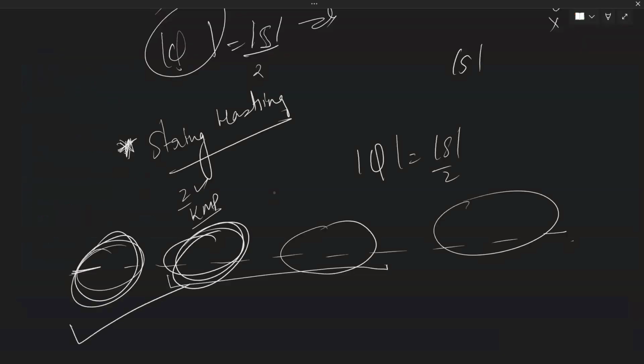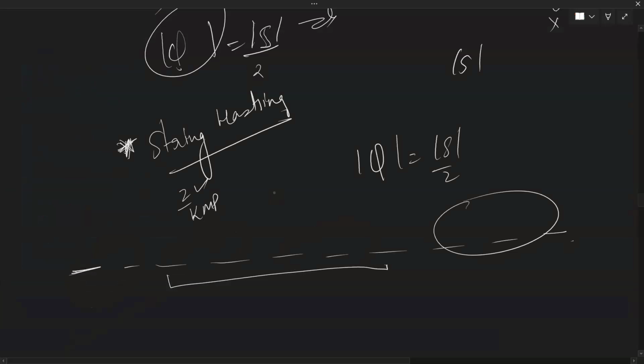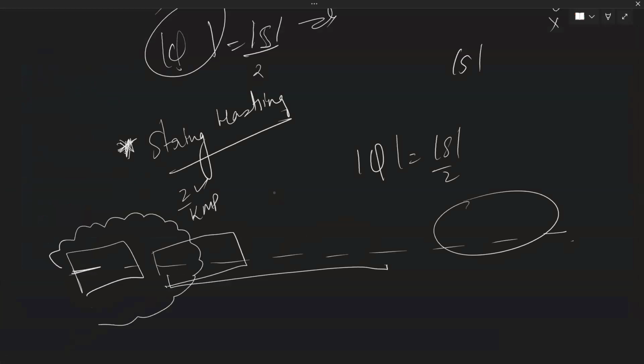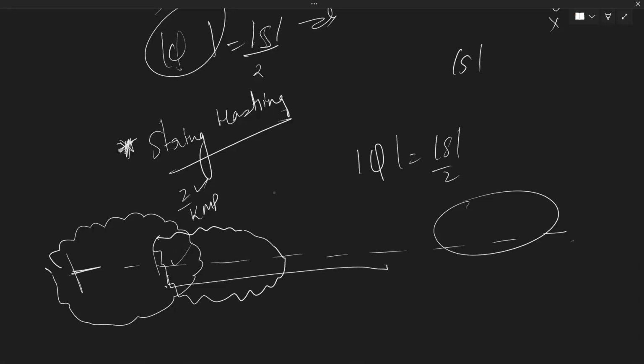But it is also possible that these three, instead of matching just these two with these two, are matching these three. In that case also, it's okay for me, because as long as these two are matching, it's okay.